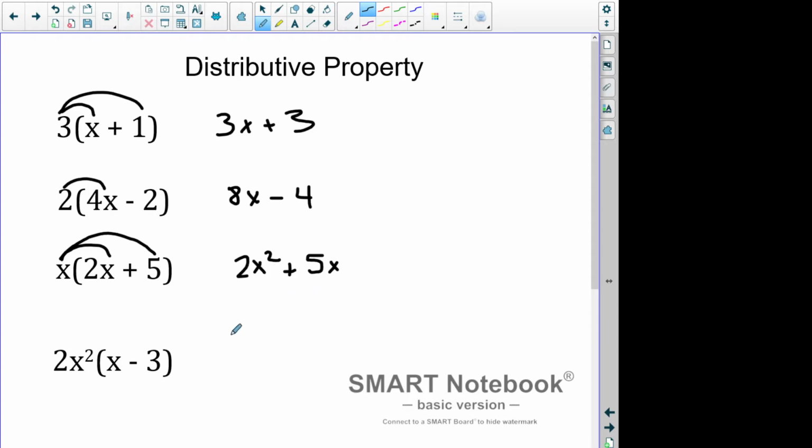And there are no like terms here, so we can't combine anything, even though these both have x's. This is an x squared, and this is an x to the first, so they're not the same kind of terms. This is a quadratic term. This is a linear term. We can't combine those. They're not like terms. And then our last example, here we have a quadratic monomial times a linear binomial.